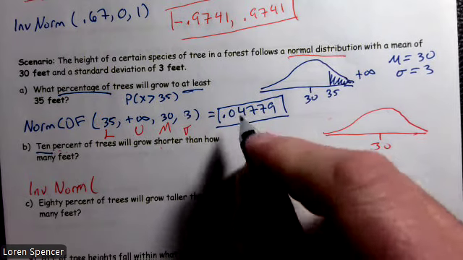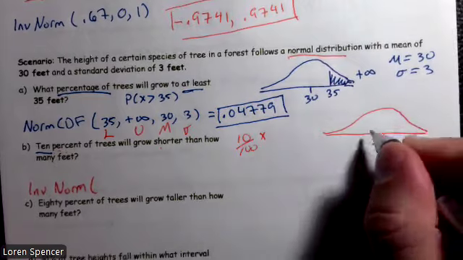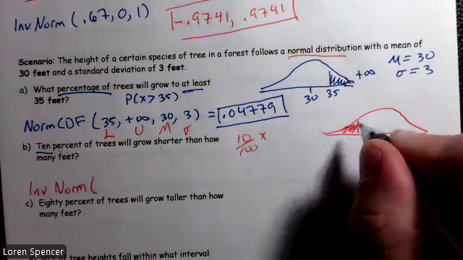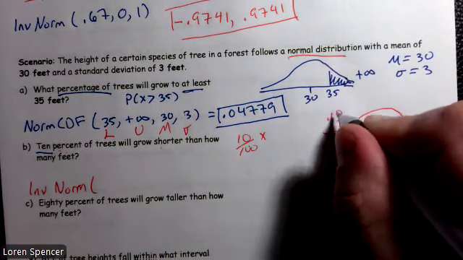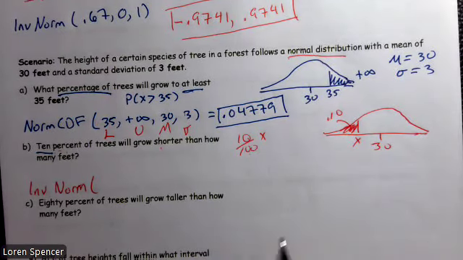Oh, well, shorter is a small number, so that means it has to be down here. Remember, we always divide by 100. So this right here is 0.10 because that's 10 divided by 100. And we're looking for this X value.